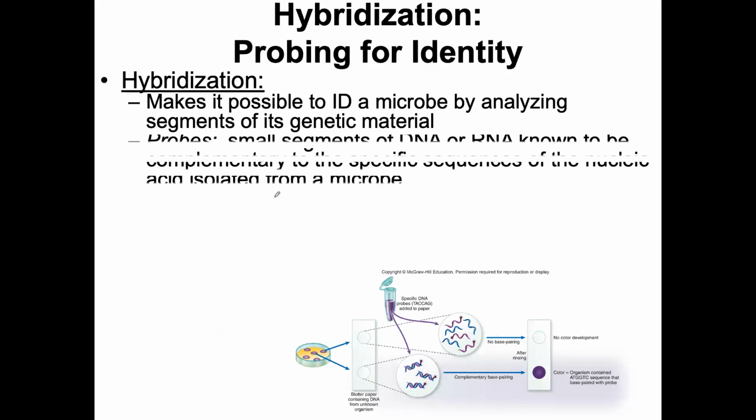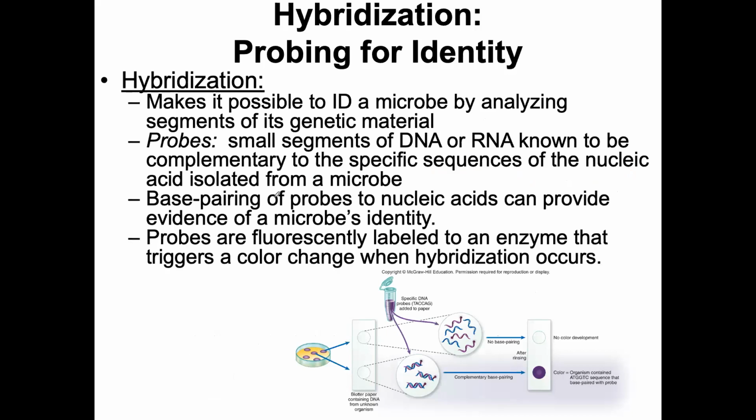Okay. In hybridization, we take a piece of genetic material that we either build or that we manufacture using enzymes and source DNA that come from, say, bacteria or plasmids.